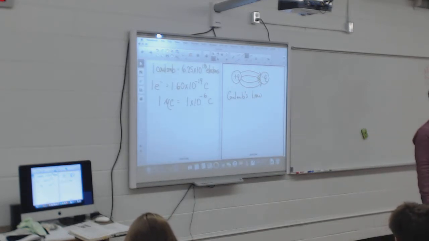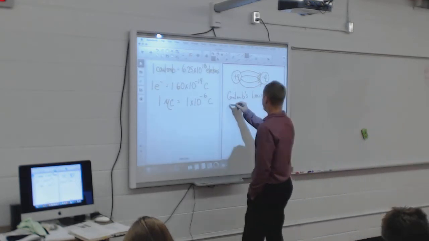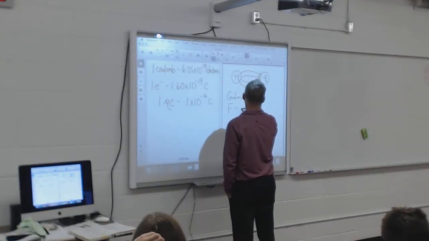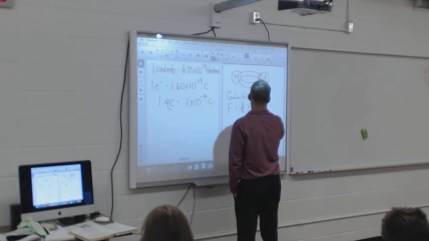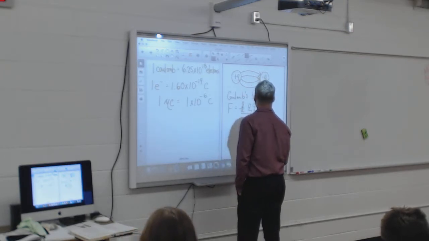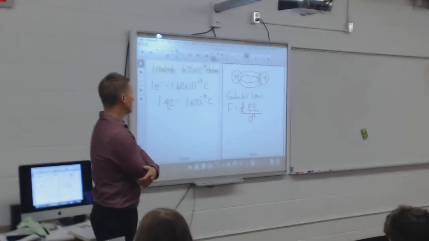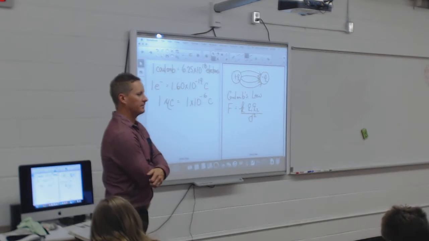It's proportional to the product of the charges and inversely proportional to the distance squared between them. So what does that mean to you? F equals K Q1 Q2 over D squared.